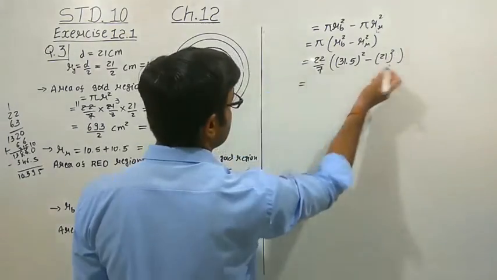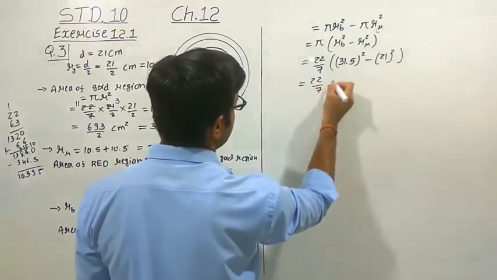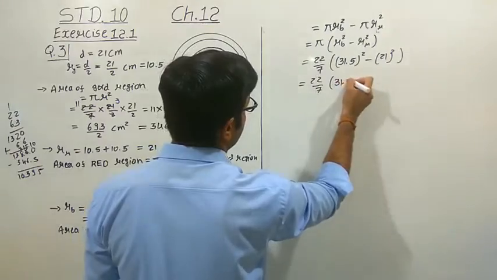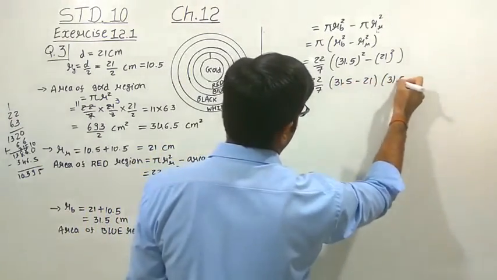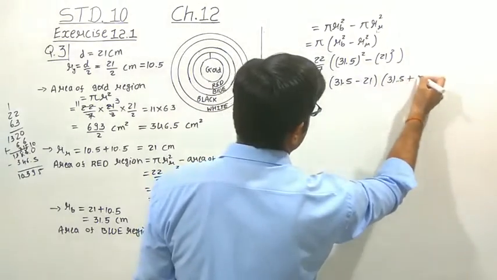Now we can apply this identity. That is 22 upon 7, in one bracket there is addition and in the other bracket there is subtraction: 31.5 plus 21.